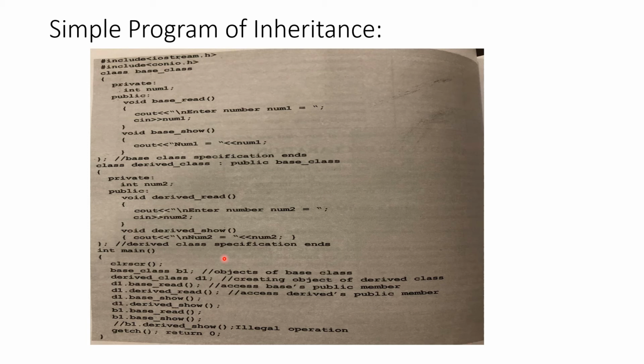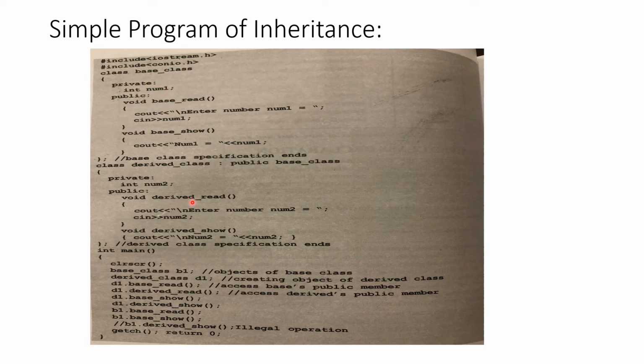Now in main, I'm going to show you how we access members with the help of an object of the derived class and an object of the base class, and which operations are legal and illegal. The concept is that this is your base class and this is your derived class. That means all the data members that we use in the base class are accessible in the derived class, so that is a legal operation.